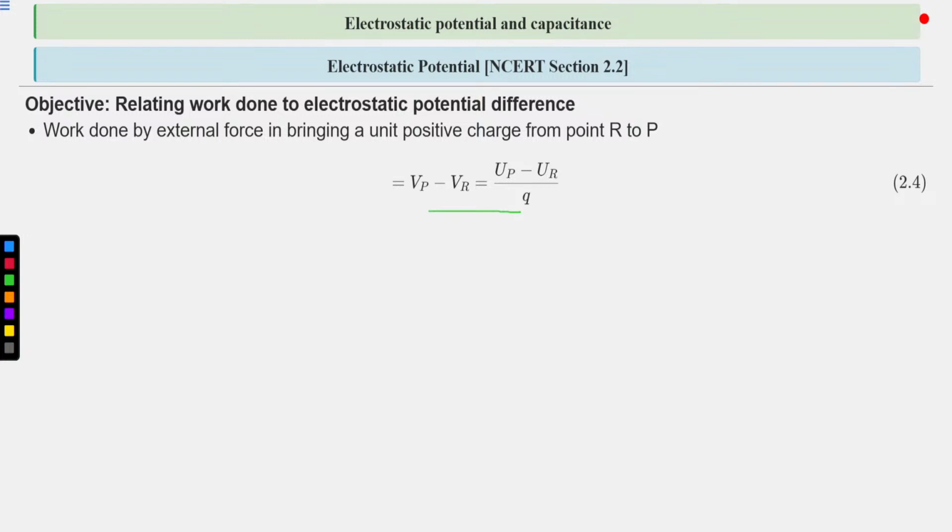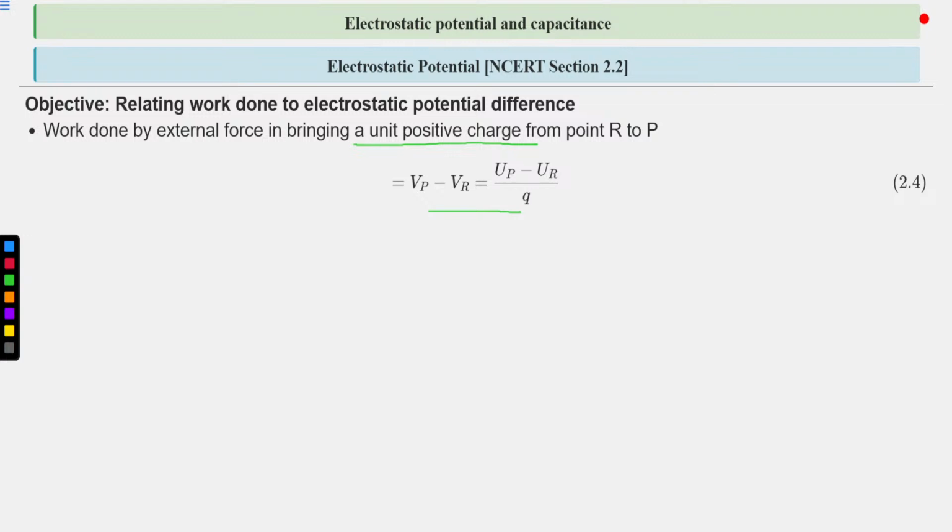Definition remains the same, but we are replacing the charge with a unit positive charge. Work done by external force in bringing a unit positive charge from point R to P, because we are dividing it by Q. So the definition of potential becomes work done by the external force in bringing a unit positive charge from point R to P. So this will become Vp minus Vr, which is equal to Up minus Ur.